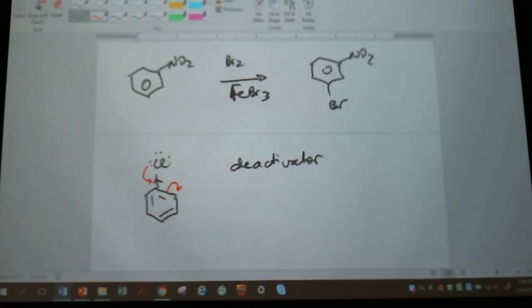So it is a deactivator of the ring that is an ortho-para director, because it's selectively making your ortho-para positions more reactive through the pi system.